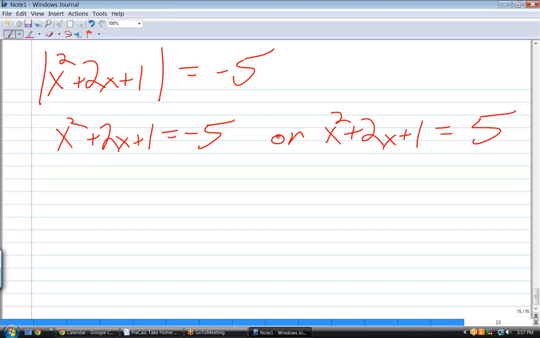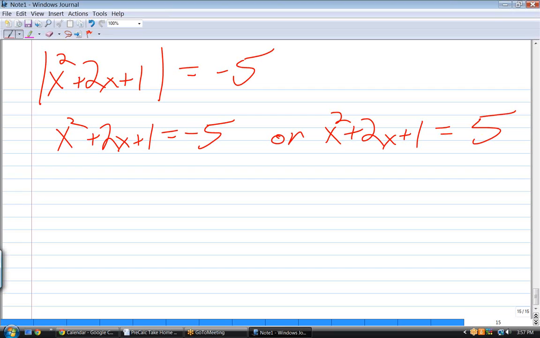Everything else is put on one side and you leave 0 on the other. In other words, I would add 5 to both sides. For this one over here, I would subtract 5 from both sides.